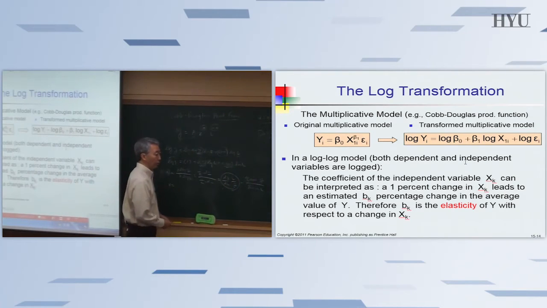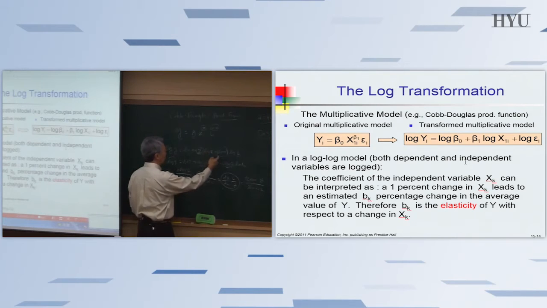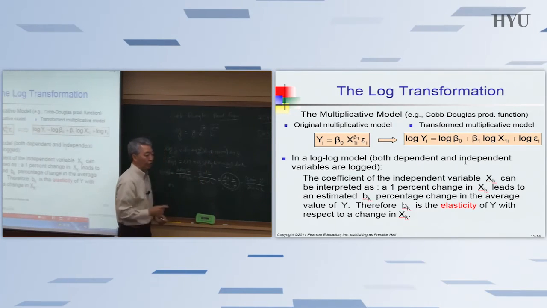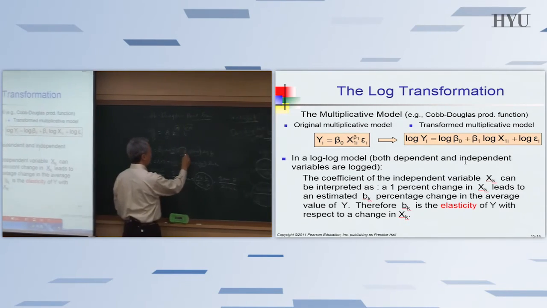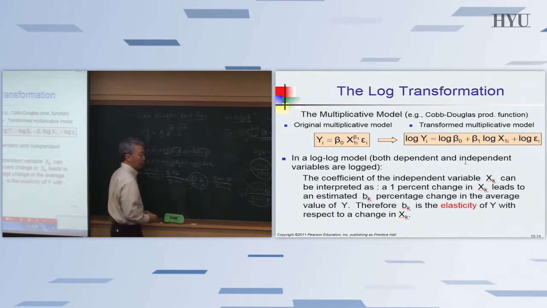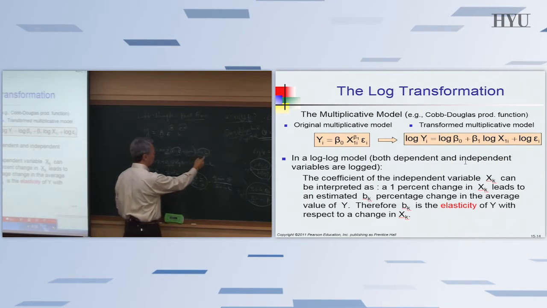Well, notice if you add them up, alpha and 1 minus alpha, it has to be 1. But when they run the regression, they treated this and this separately. They used the actual amount of capital and actual amount of labor.